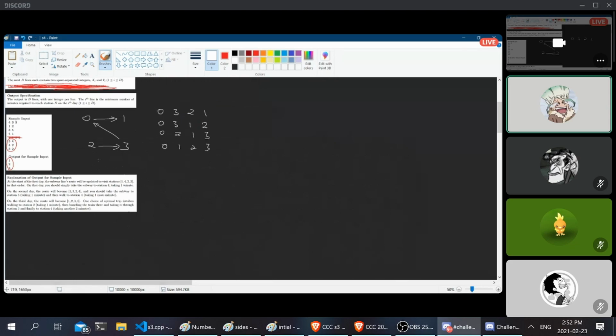Or it's always possible to do that. Because say if you want to go from 2 to 0 and you had a subway line from 2 to 0, well, it's always faster to just take the subway from 2 to 0 than to go the walkways from 2 to 3 and then 3 to 0. And I think that's how you're supposed to prove that.